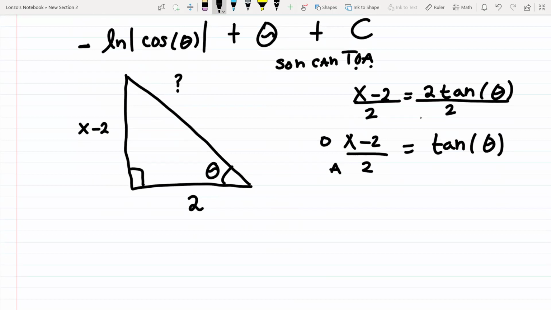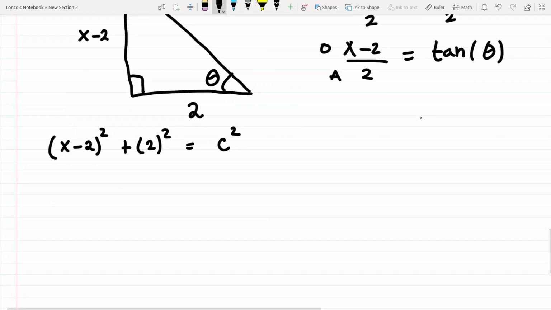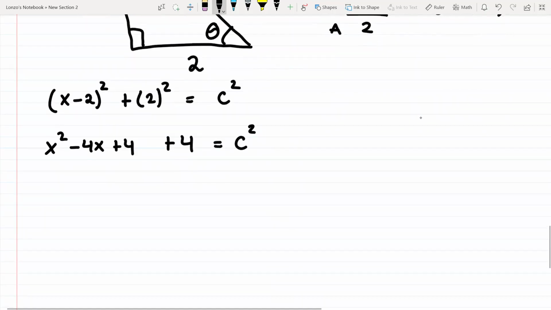So the Pythagorean theorem is x minus 2 square plus 2 square equals c square. So x minus 2 square is x square minus 4x plus 4, and then 2 square is 4, equals c square.